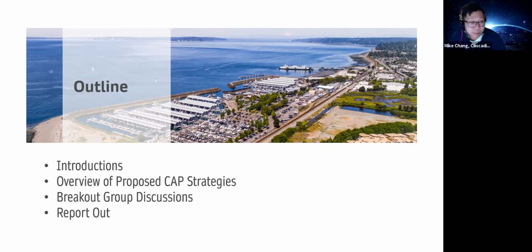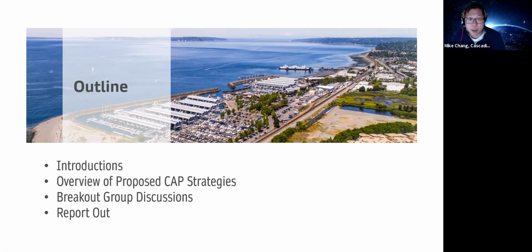I also wanted to provide an overview of tonight's agenda. We're about to introduce at least the project team. Then Mark Johnson from ESA will go over some of the background information for the Climate Action Plan, including some proposed Climate Action Plan strategies. Then we're going to have the bulk of tonight's meeting, participating in breakout group discussions.